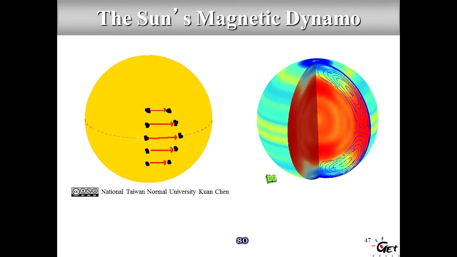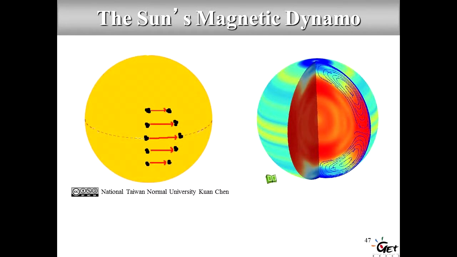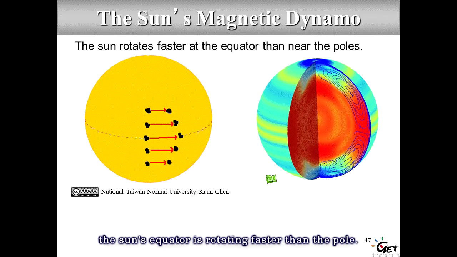Right. So what happens? First, remember that the sun is a big magnetic dynamo. Okay, you have a general north pole and a south pole of the sun, and magnetic fields are going from north to south. But there is a differential effect. I told you already, the sun's equator is rotating faster than the pole.